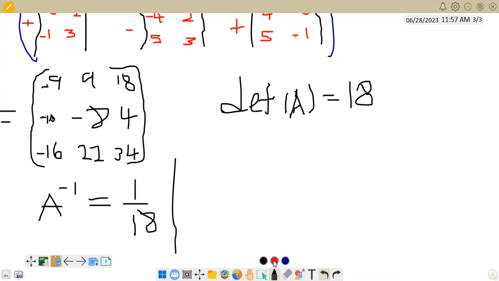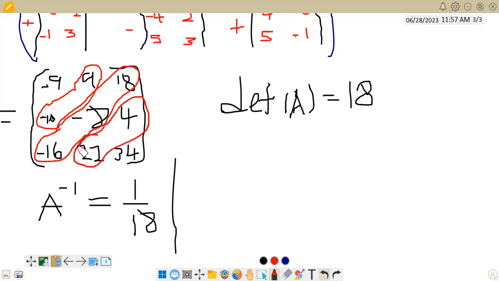However, there are 2 or 3 things that we need to do. We are going to transpose this, like switching the diagonals. The diagonals need to be switched.